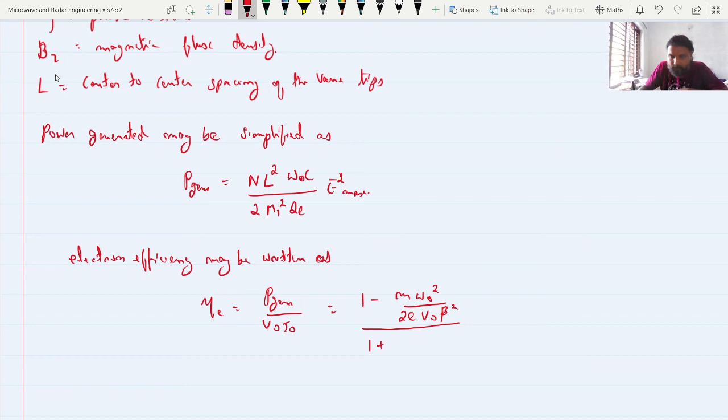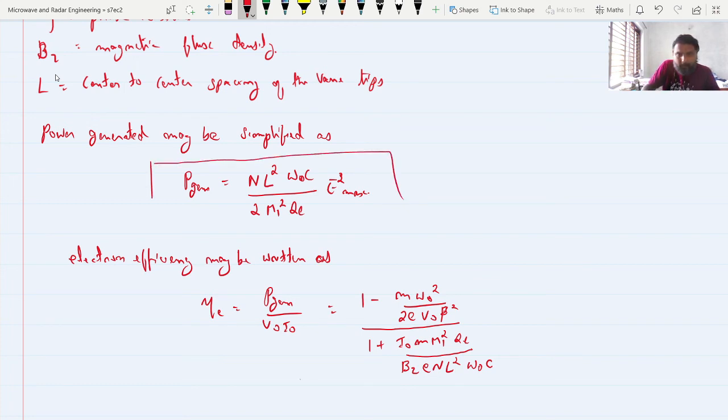1 plus I naught m smaller m1 square QL divided by beta set E n L square omega naught C. So this is the equation for the generated power as well as the efficiency of a magnetron oscillator.